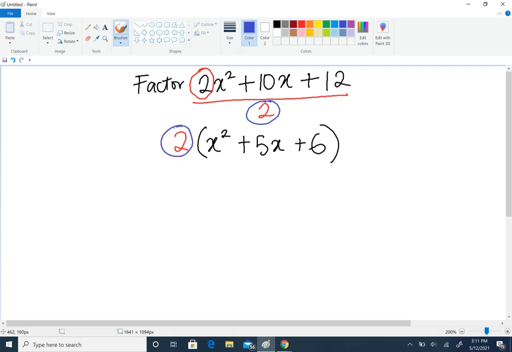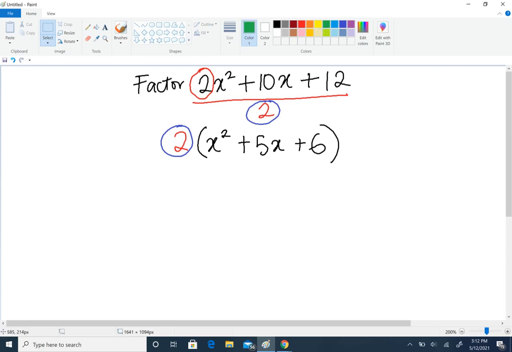And the reason for that is because the 2 came out of the original problem. Technically, the 2 that you divided by came out of this original problem, so you want to make sure to include it after you're done dividing.